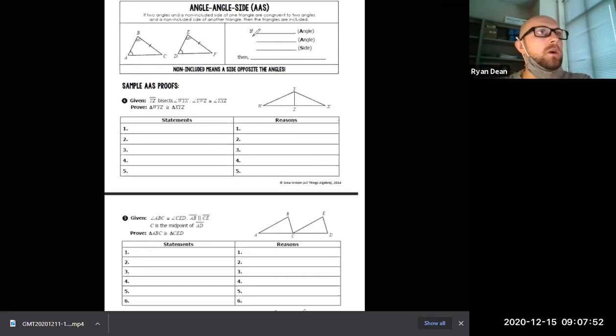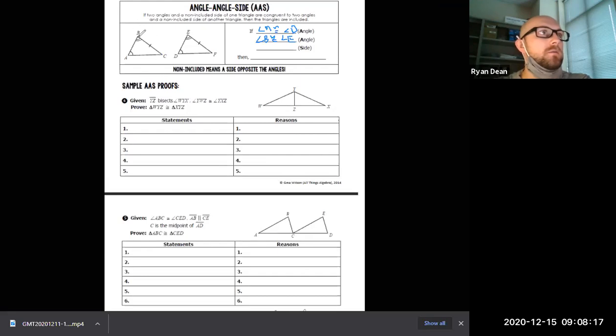Let's talk about our conditions. Okay, here we need two angles. So we have, in this case, angle A is congruent to angle D. And then we have angle B is congruent to angle E. So those are our first two conditions, two sets of angles that are congruent.